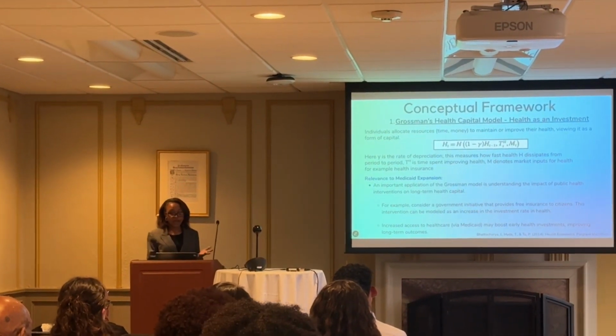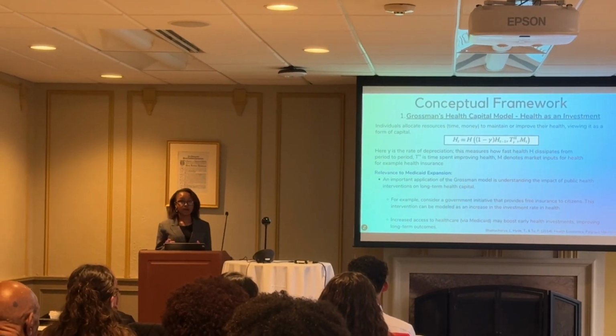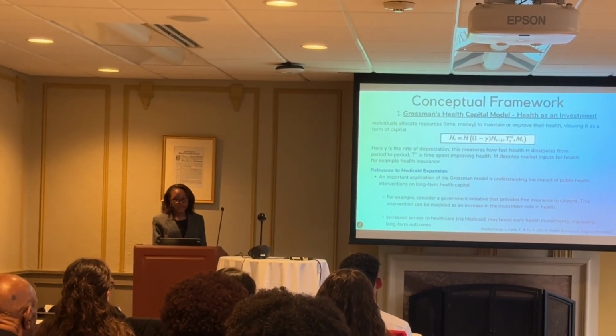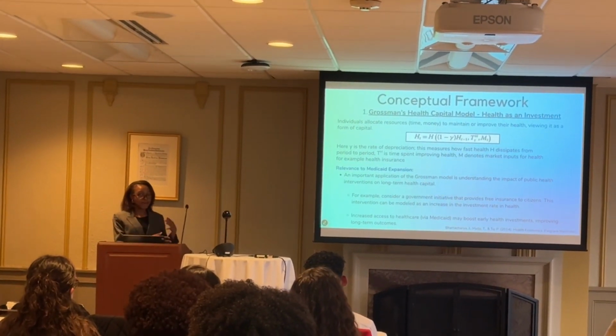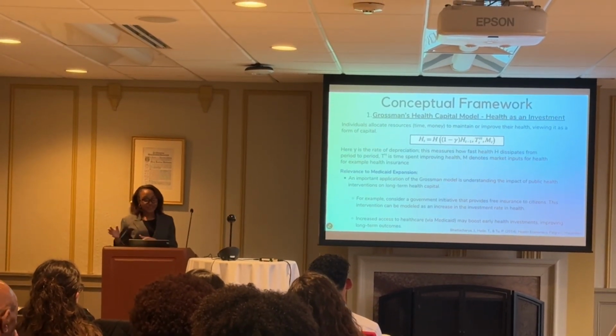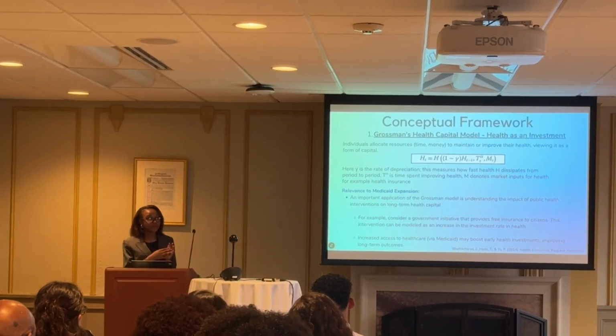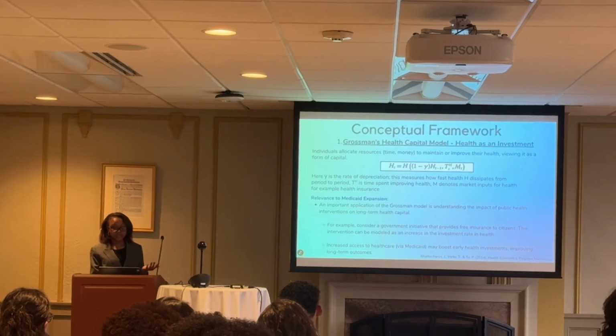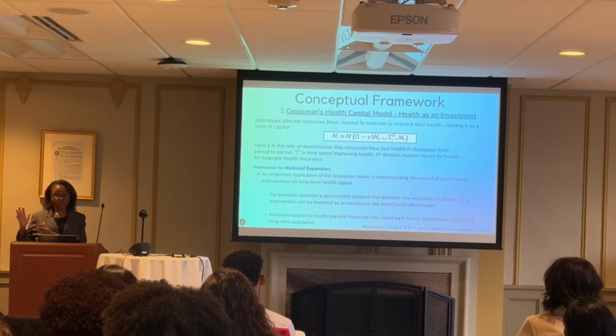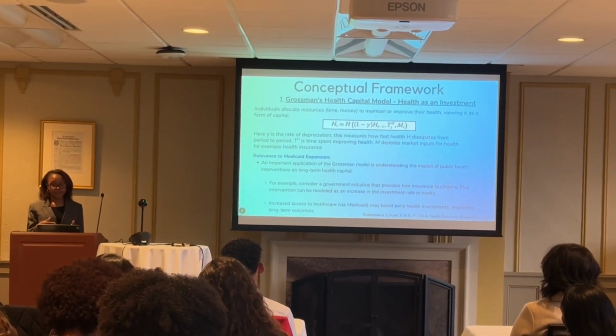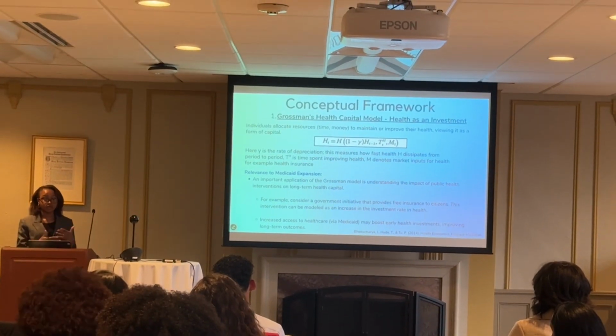And this is explaining how insurance enters into the health production function. And making this relevant to Medicaid expansion, early investment in healthcare, particularly in preventative care, reduces the need for secondary and tertiary care that would be necessary if a negative health outcome were to persist.